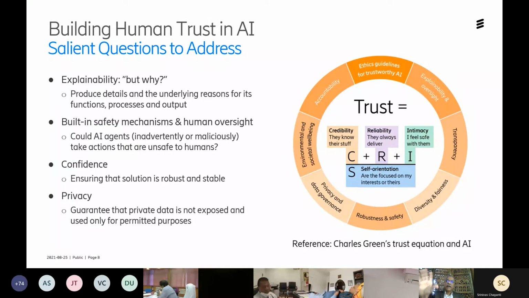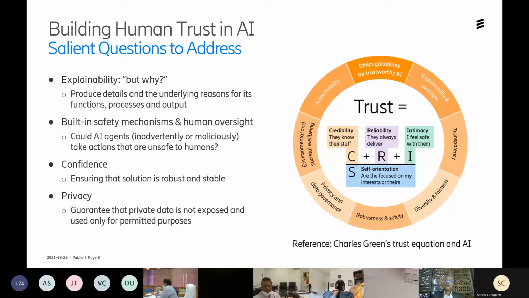On the right side, I have a reference to Charles Green's trust equation: credibility, reliability, and intimacy. In the numerator, the higher the credibility is, the higher the reliability is, the higher the intimacy is, the better trust is. And self-orientation is my interest about myself, or am I aligned with your interest?